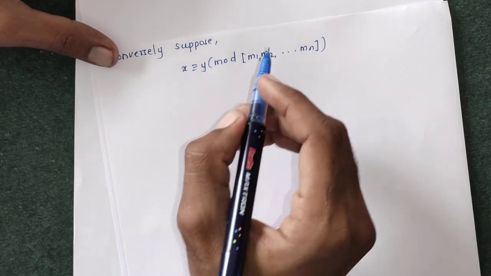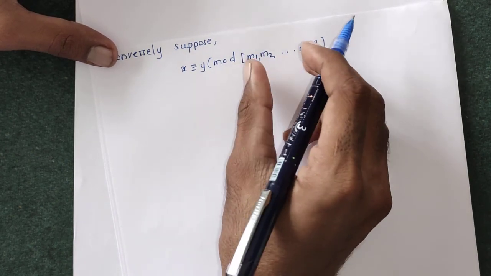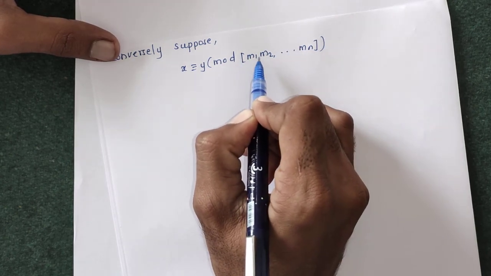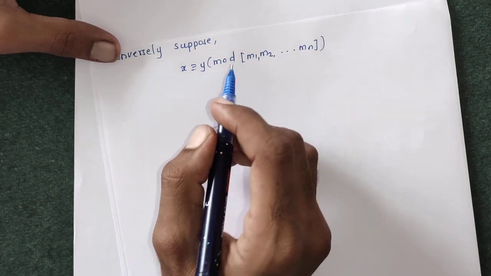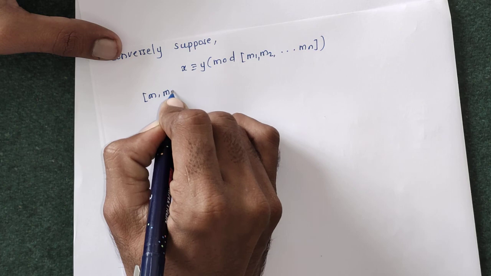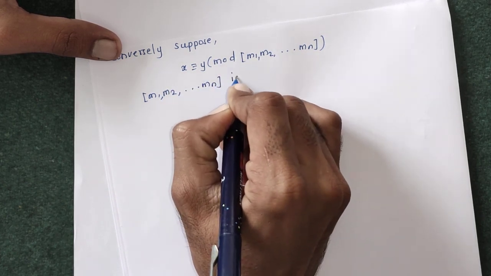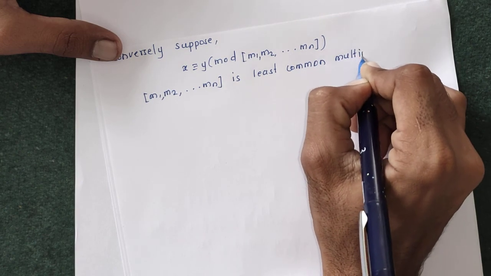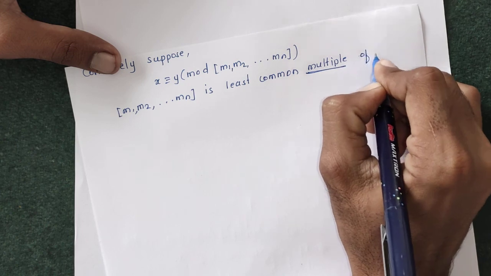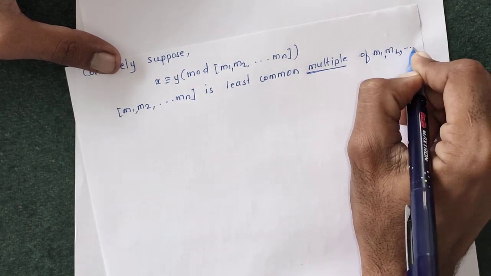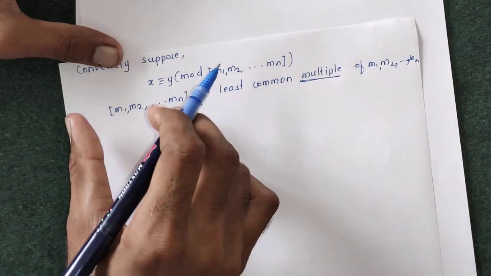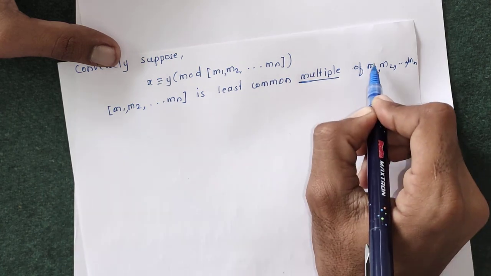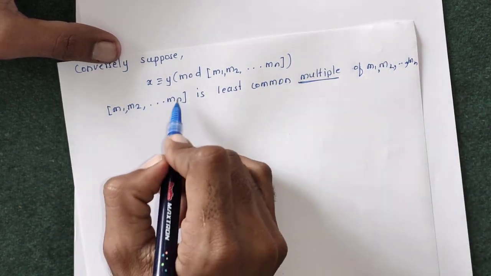From this congruence, we can say that this LCM of m1, m2 up to mn is one integer, and this integer is the least common multiple of all these integers. This LCM is a multiple of m1, again this LCM is a multiple of m2, and a multiple of mn.